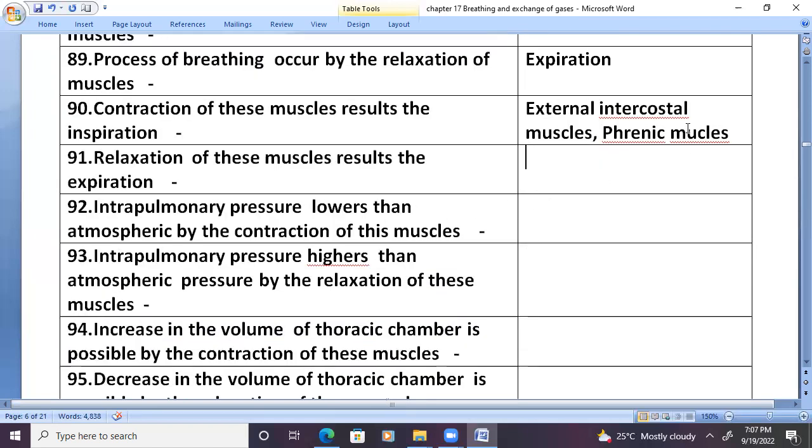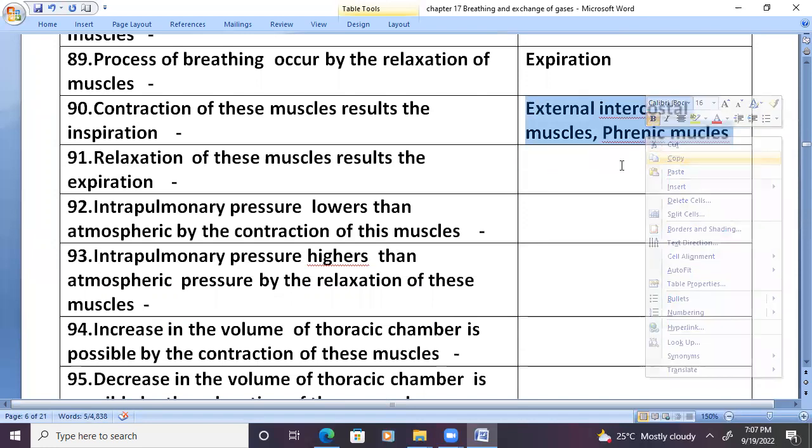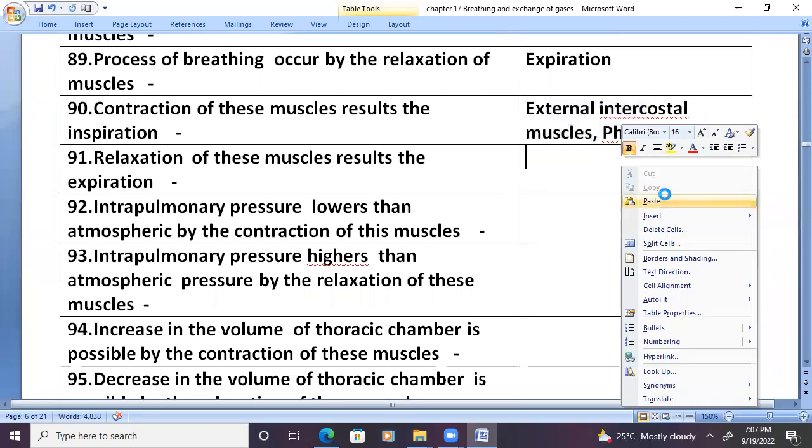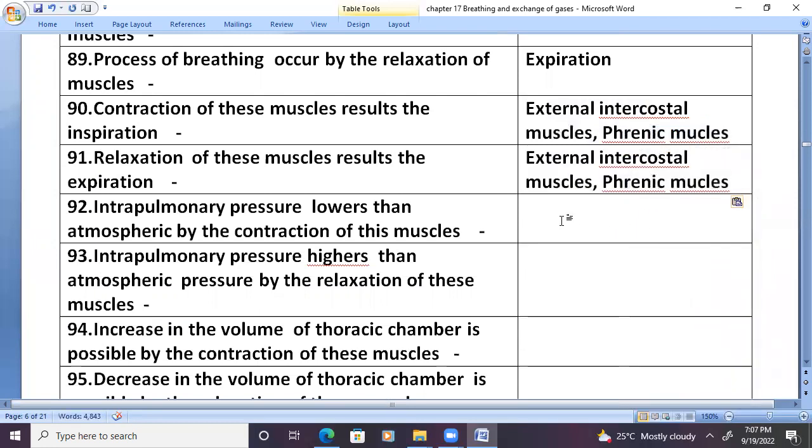Relaxation of these same muscles leads to expiration.